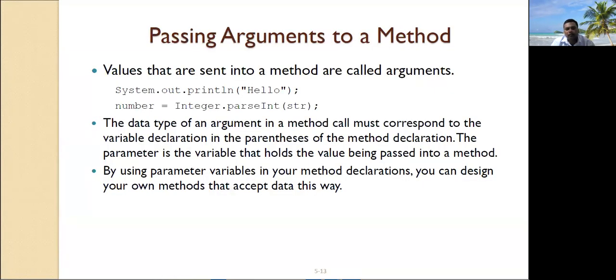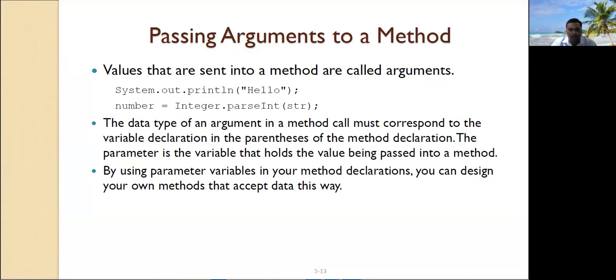Then after that, passing arguments to a method. We can specify the parameter list when we declare the header of the method. When the method is called, we can pass arguments to the method.